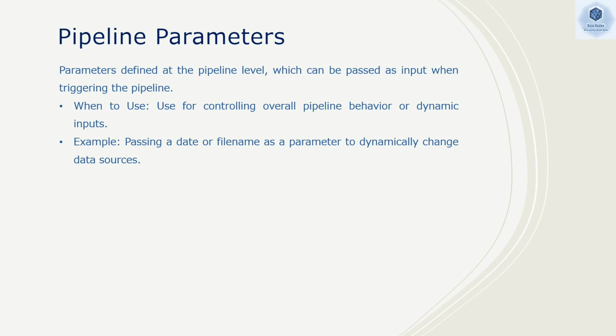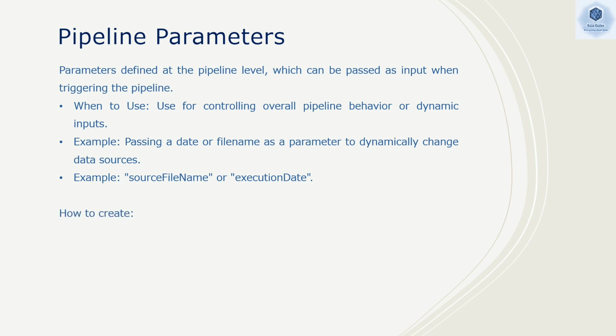An example of using a pipeline parameter is passing a file name or a date filter for your source, for example, the source file name or an execution date. Based on this you can filter your dataset and linked service.